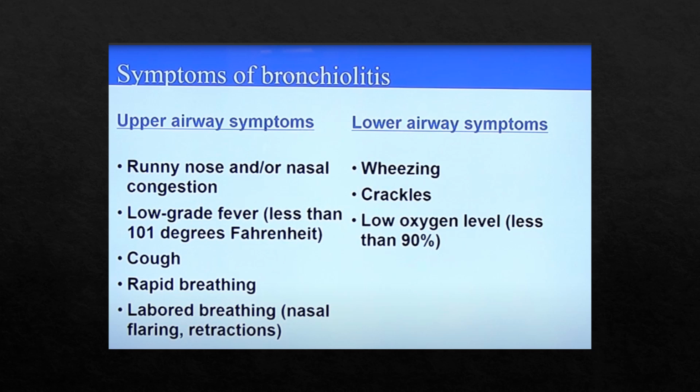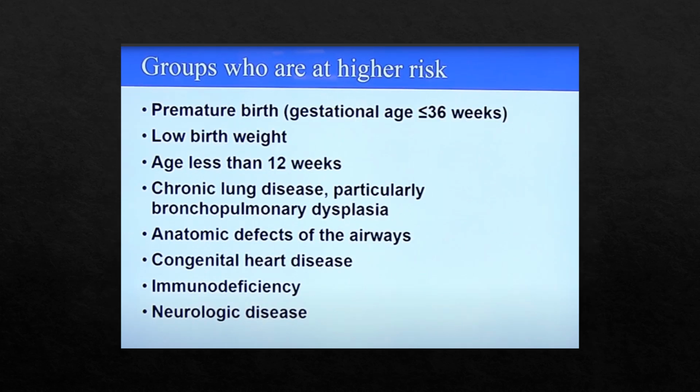And those symptoms are runny nose, and it is quite characteristic of RSV that they'll have profuse watery rhinorrhea, very characteristic of RSV. And you'll see the rapid breathing, the tachypnea, and you'll see the retractions and labored breathing.